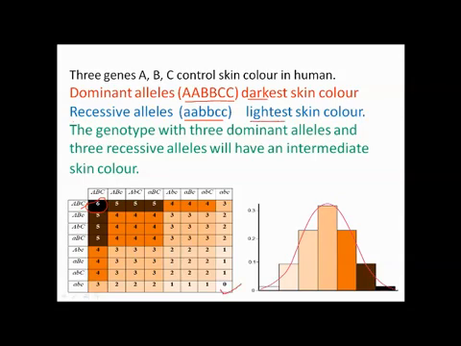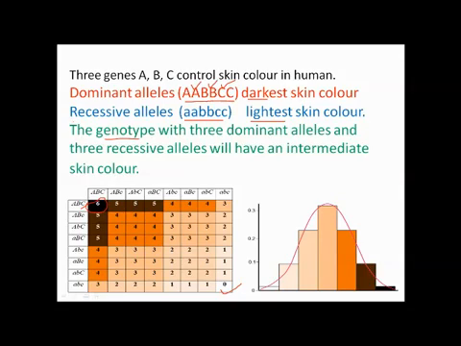Now the genotype, so there are 1, 2, 3, and a combination of all these 3 different characters. So a single phenotype, what is that phenotype? That is skin color in humans, and the variation is due to the different genotypes with 3 dominant alleles.